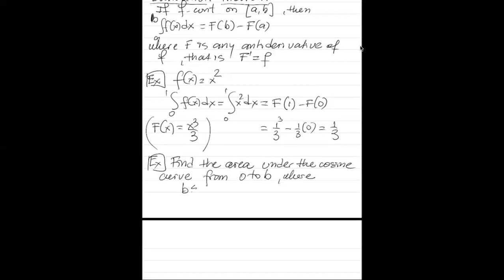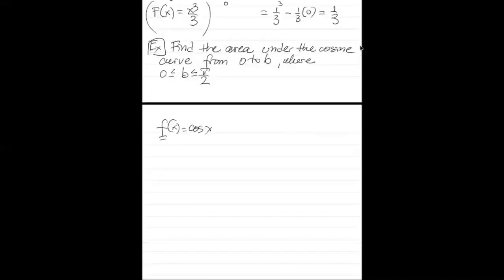Okay. Another example. Find the area under the cosine curve from 0 to b, where b is between 0 and pi over 2.